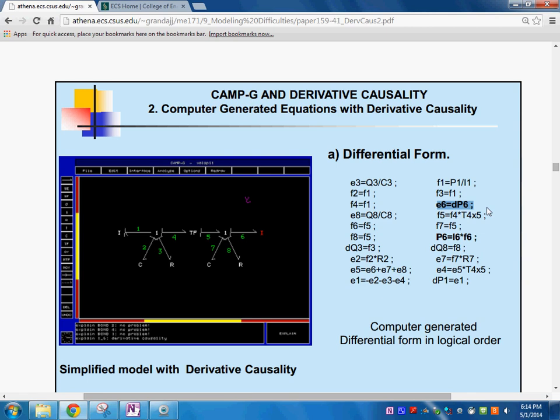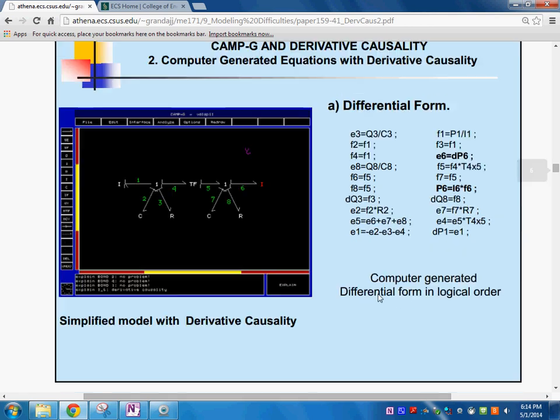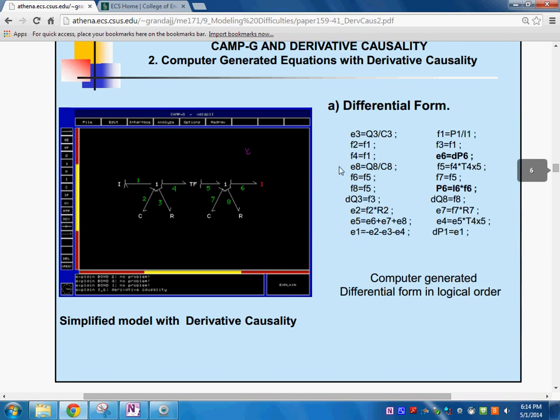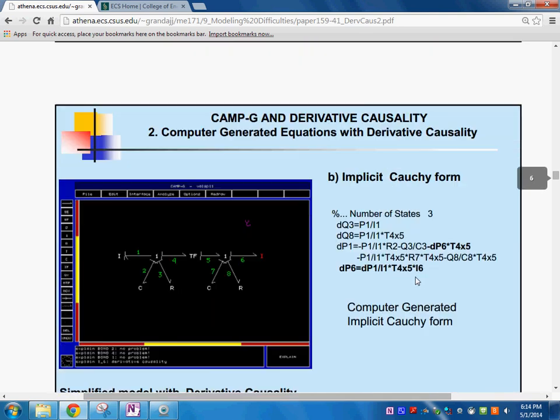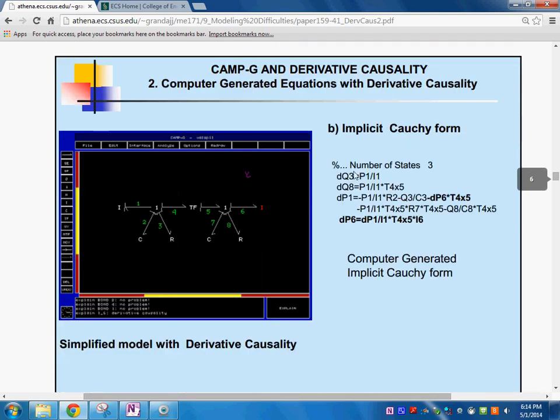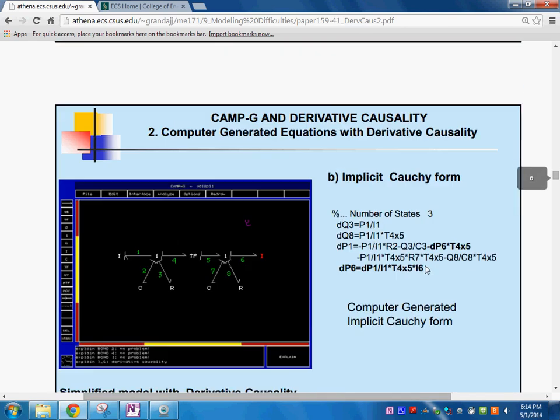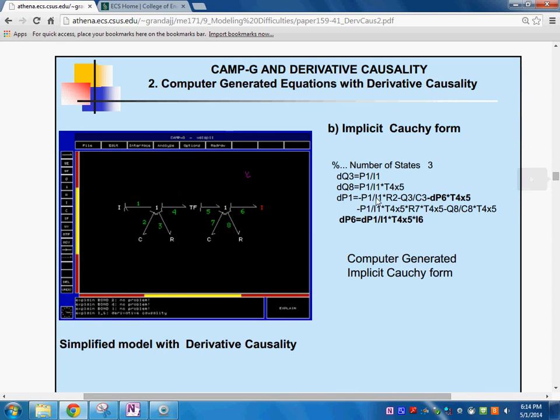And then this one right here, psi 6 times f sub 6. So in this case, I could use these equations and reduce it to the Cauchy form. So instead of having a bunch of little equations, now we are going to substitute the different contributing equations to produce the Cauchy form.